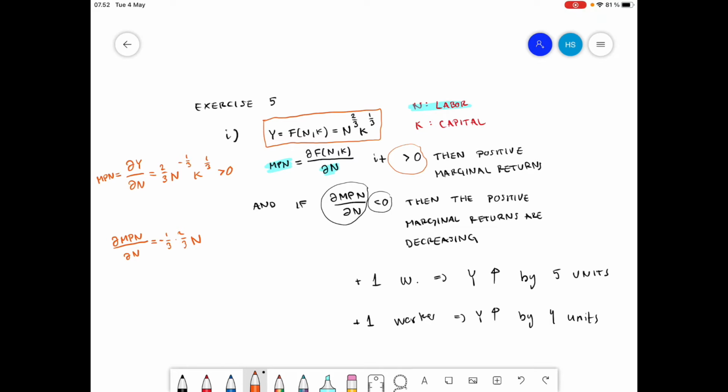So we have minus 1/3 minus 1, that is minus 4/3 times k to the power of 1/3. Number of workers always positive, number of machines always positive, 2/3 positive, and then we have this minus 1/3, this is negative, so the whole expression becomes negative. So the production function exhibits positive but decreasing marginal returns to labor.